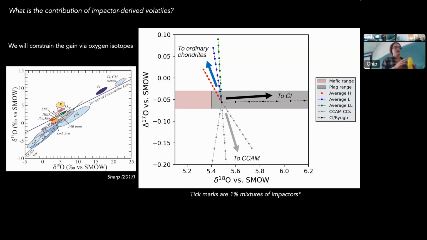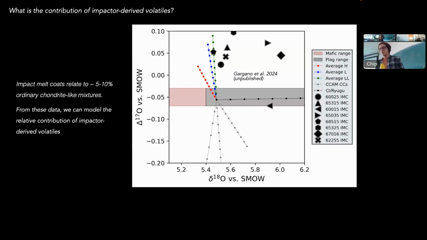I'm going to use this schematic to break down what we've constrained in terms of what impactor components exist in some of these materials, to try to constrain the volatile contribution brought by that impactor. We've worked on this a lot, looking at impact melt coats first. The impact melt coats exist on almost all the Highlands fan rocks. If we look at their triple oxygen isotope values here, we generally see a high big delta O17 value.